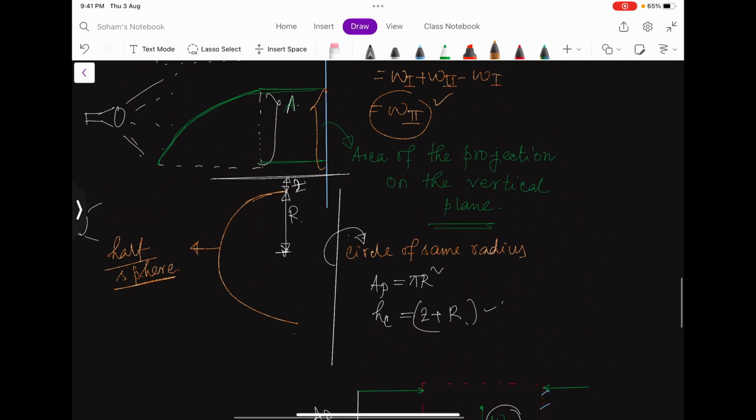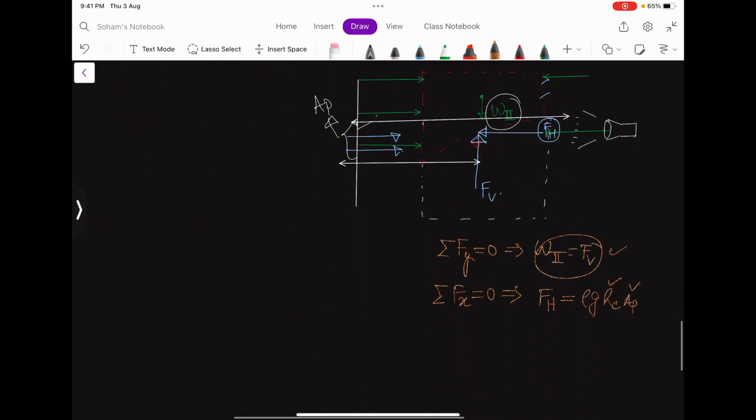So every word is important to understand. I want you to understand that if by any chance you forget these formulas, then you should derive them at that place only in somewhat 30 seconds.